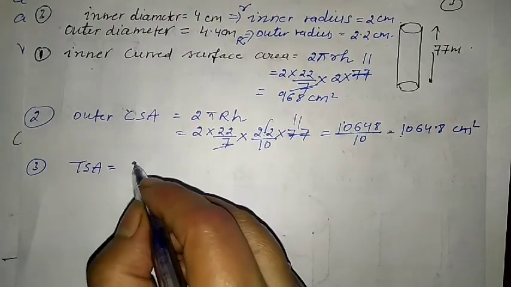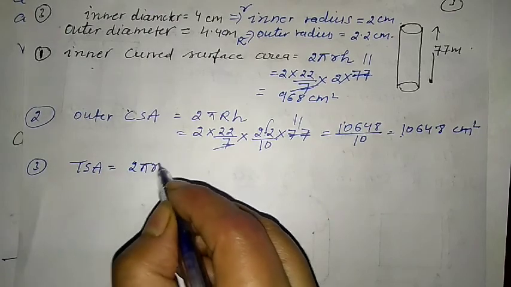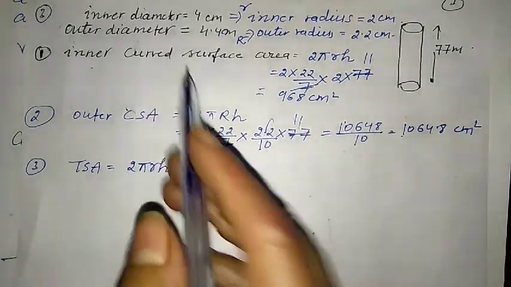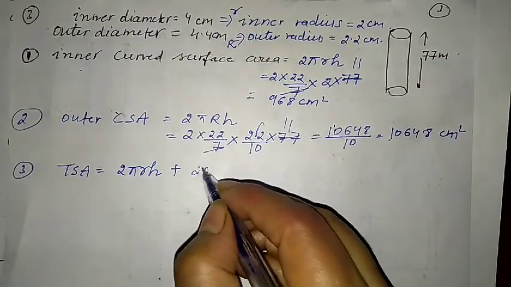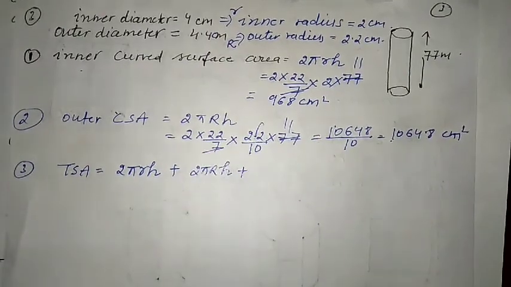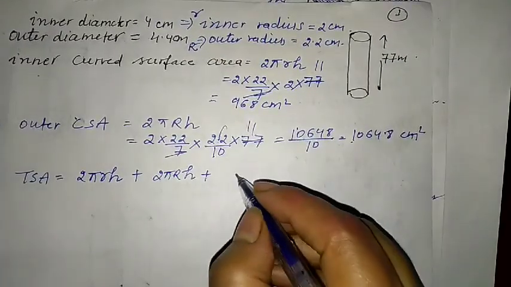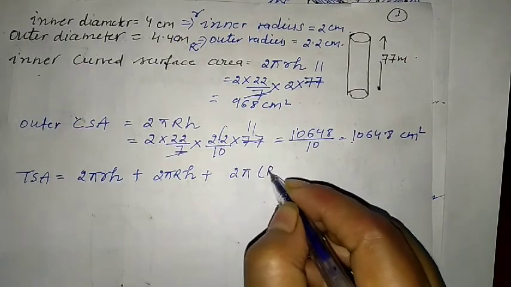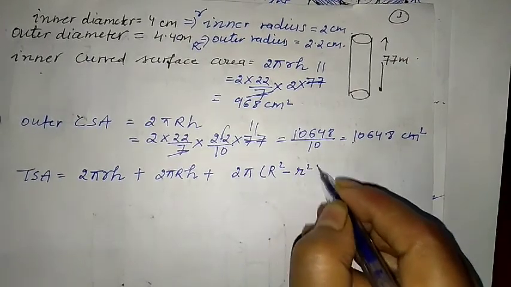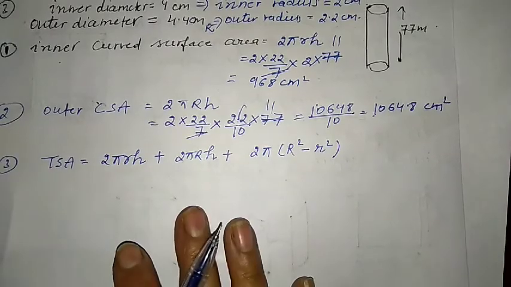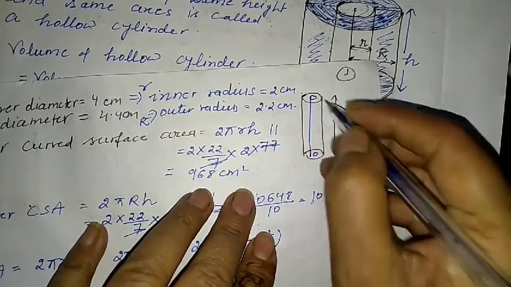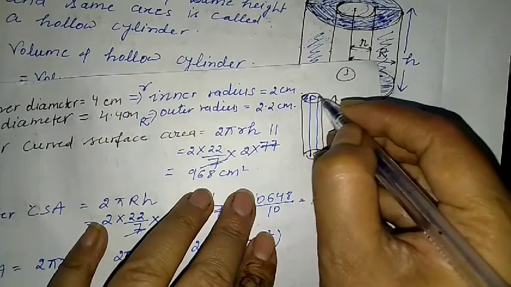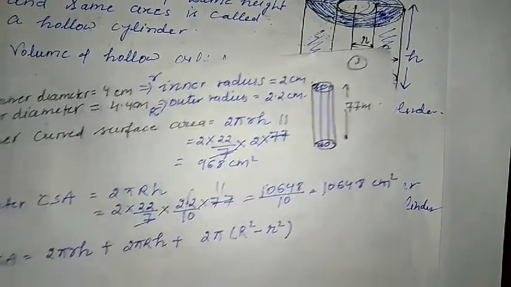Total surface area is equal to the internal surface area, that is the first part, plus the outer curved surface area, that is the second part, plus the area of the rings, that is 2 pi into R square minus small r square. This is the area of the ring. One ring is at the top and one ring is at the bottom, so one ring will be formed here and one ring here. So when we find the area of the ring, this one, if you find the area of this ring.